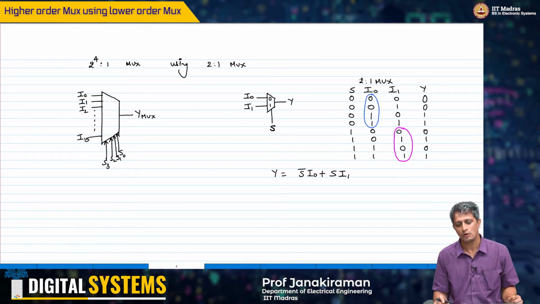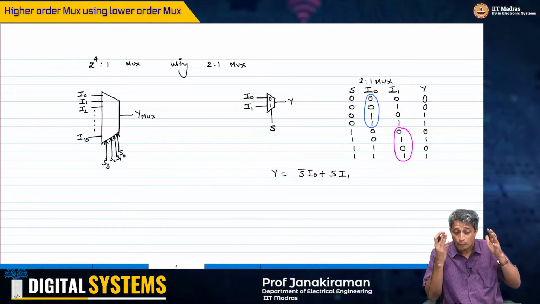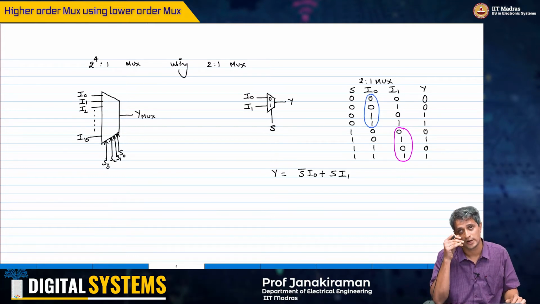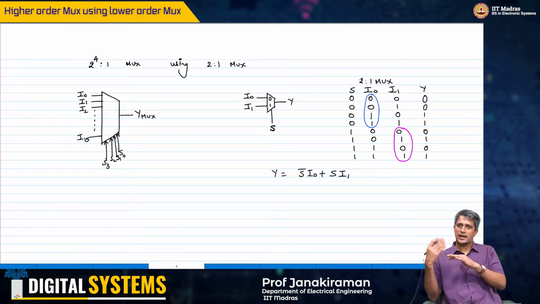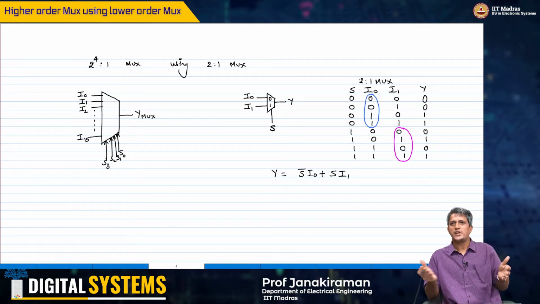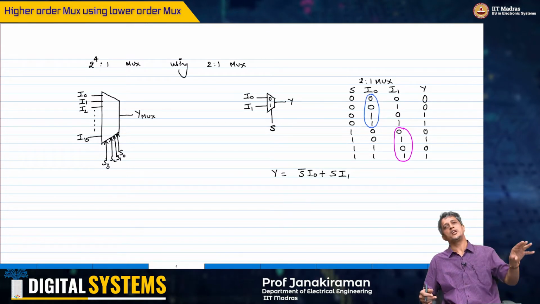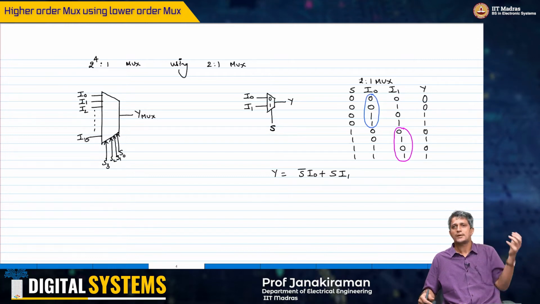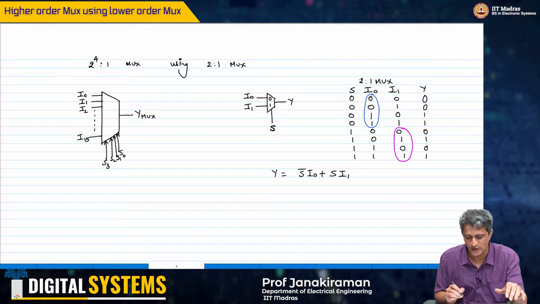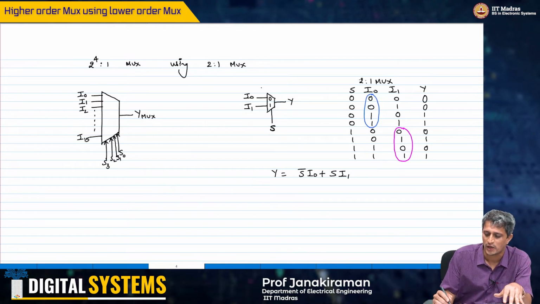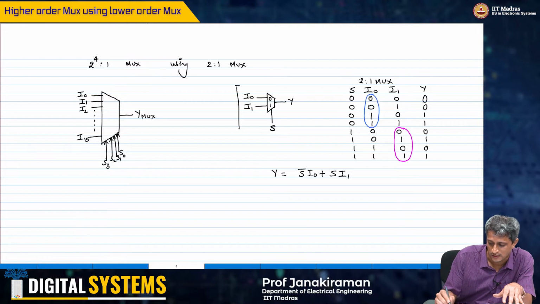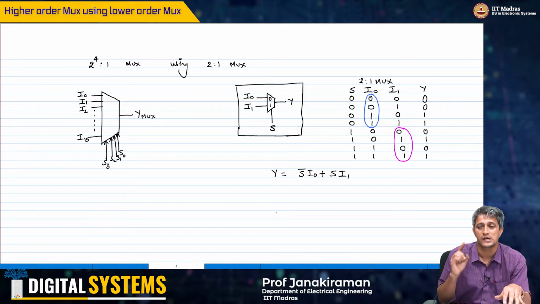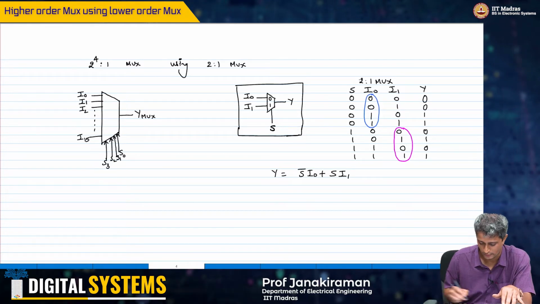Now the question is, how do we implement the 16 is to 1 multiplexer using these 2 is to 1 multiplexers? Just like the case of the decoder, we have to start from the input because we have 16 inputs. Each component given to us can accept 2 inputs. Therefore, you need 16 by 2, that is 8 such multiplexers at the input stage first of all.